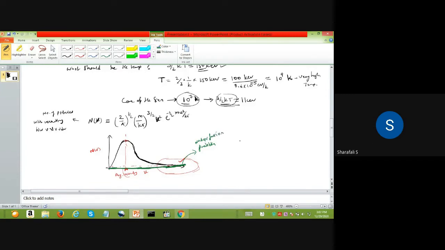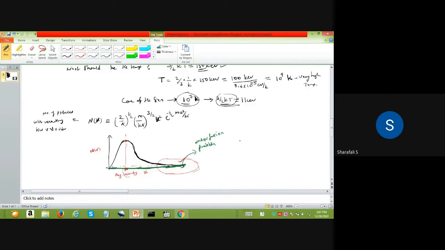Because of high energy in the tail portion, fusion is possible there, so the probability will just start to rise. Still the probability is very small, but it is possible for very few nuclei to cross that potential barrier and a fusion reaction can occur.